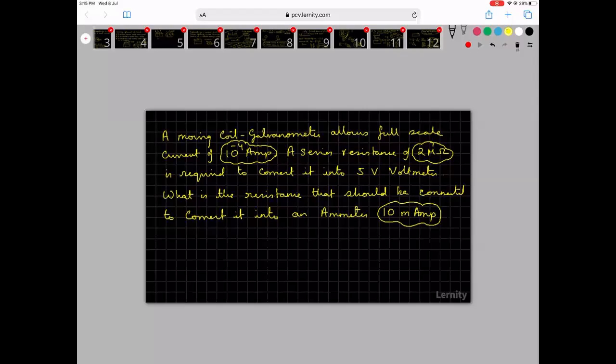So 10 power minus 4 into Rg plus 2 mega ohms is equal to 5. So from here, Rg plus 2 mega ohm is equal to 5 this much.